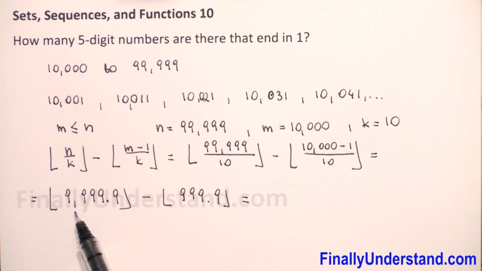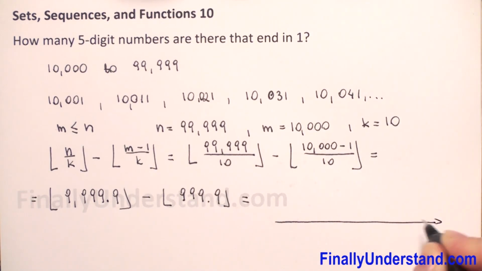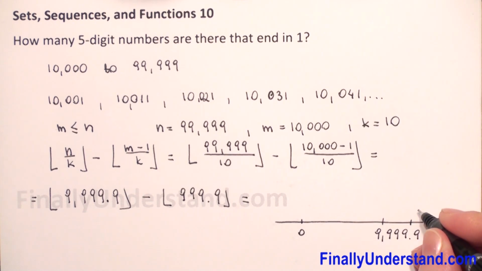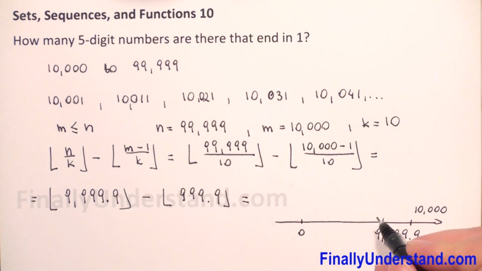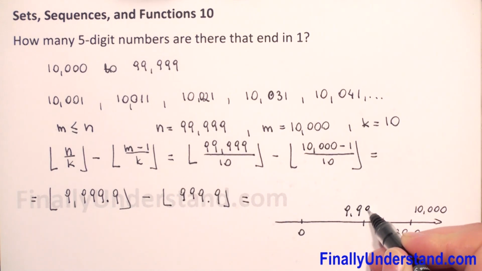When we have 9,999.9, let me draw a number line. We have number 0, and now we have 9,999.9. The next integer after this number will be 10,000. And the integer which is before this number will be 9,999.